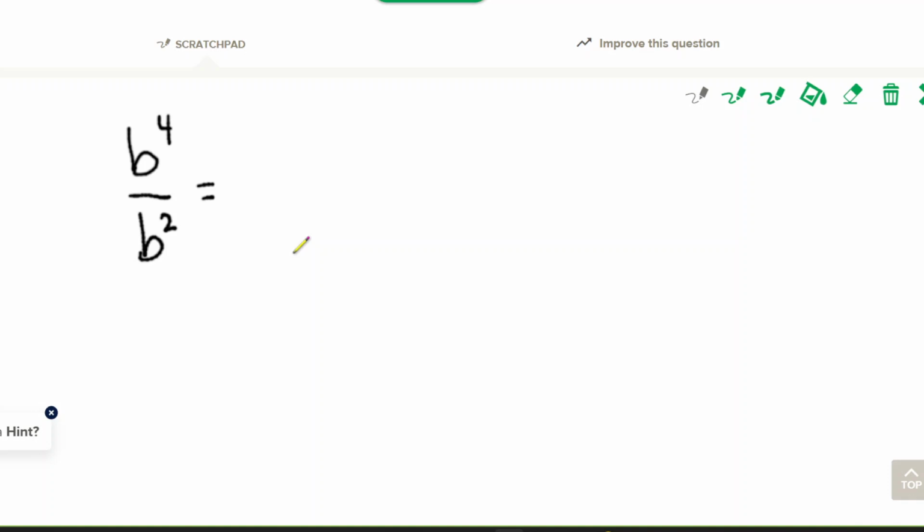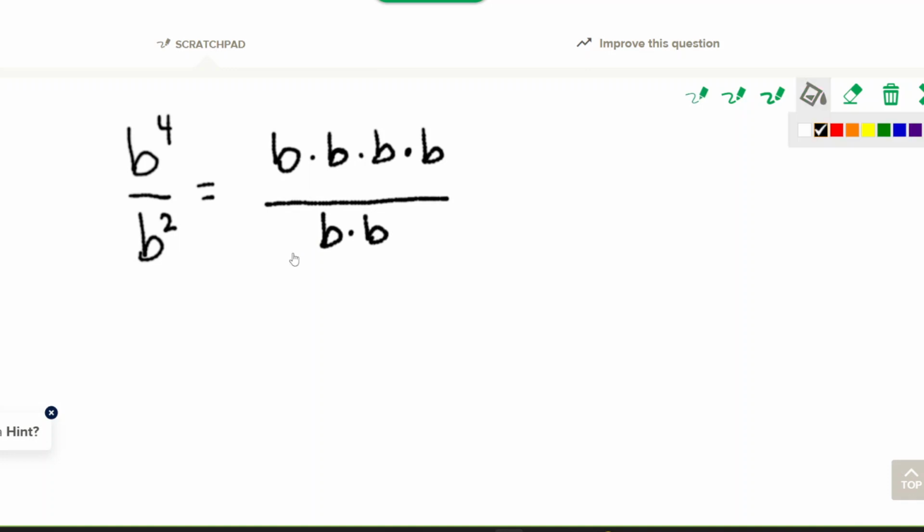Let me show you. So the numerator, b to the fourth, means b times b times b times b. And the denominator is b to the second power, so that's just b times b. There are factors of b in the numerator and factors of b in the denominator.